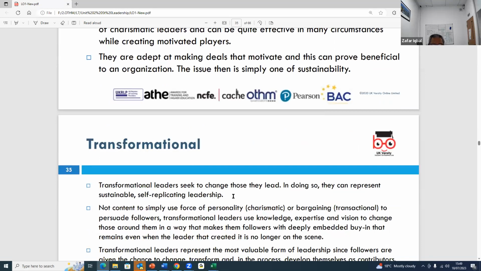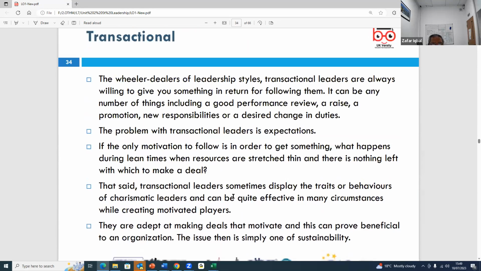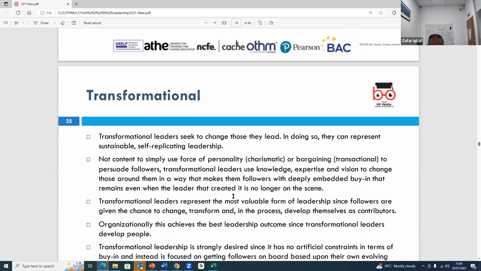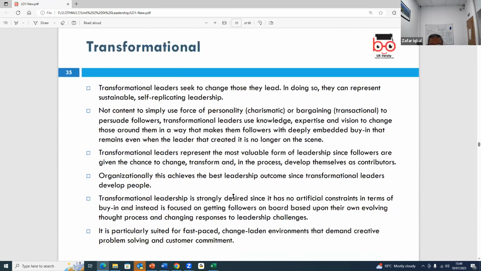If you compare transactional leadership to transformational leadership, transformational leaders are very valuable. They are very good leaders in terms of leadership style, because they want to give a chance to change.